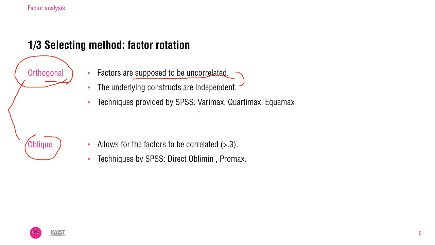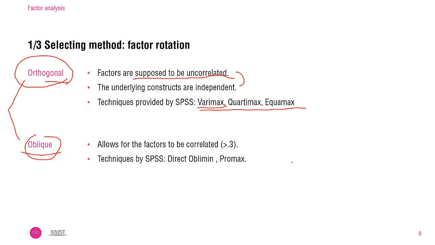The typical methods available in SPSS are Varimax and two others, and Varimax is the most frequently used technique. On the contrary, oblique rotation allows the factors to be correlated.